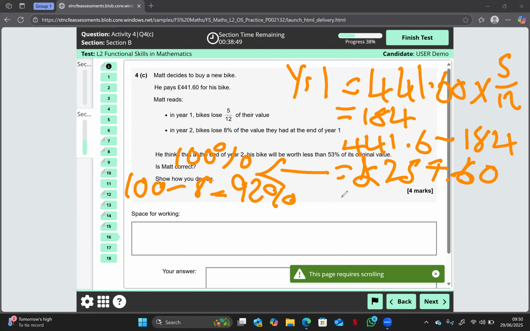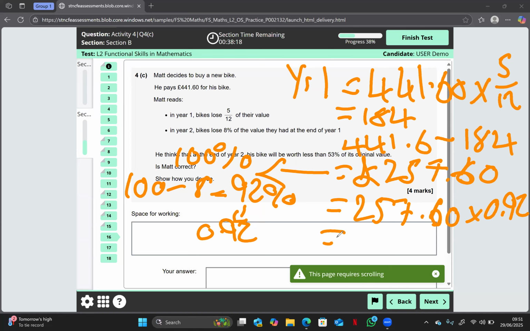So all we need to do in our calculator is 257.60 multiplied by 0.92, because we know that 92% also equals 0.92 as a decimal.